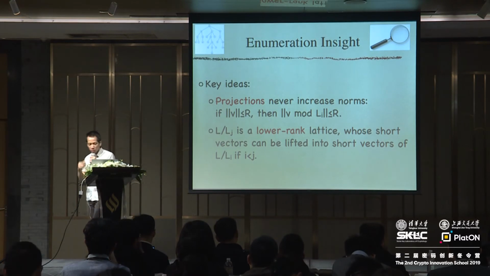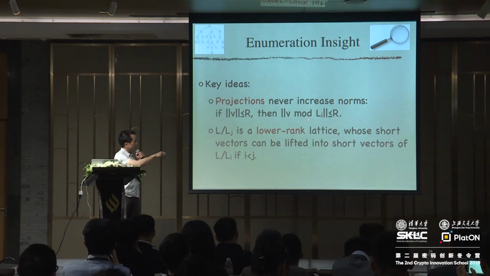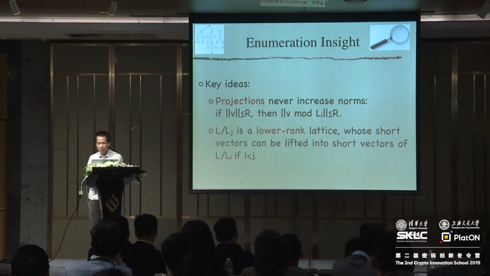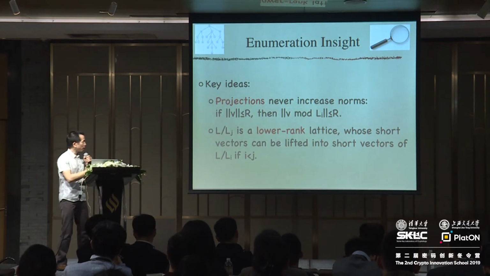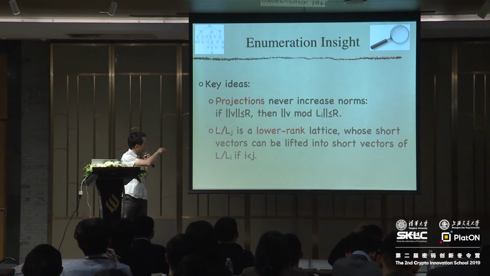It's a residue, so it's always less. And if you take it modulo Li, you get a lower rank lattice. And the good thing is that these lower rank lattices fit each other. You can lift an element in L divided by Lj into a short vector of L divided by Li.